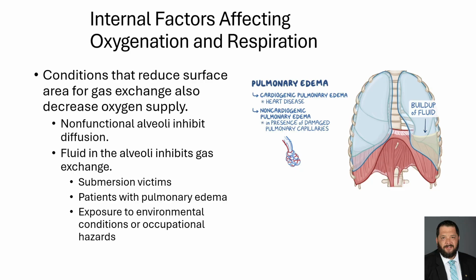There may be at least moderately adequate ventilation, and there may be an adequate amount of oxygen in the inhaled air. But there's a mechanical disruption here that prevents that external respiration from occurring. This is common in, as mentioned, pulmonary edema, or even submersion victims, or victims who have had an exposure to environmental conditions or occupational hazards where they've inhaled a toxic substance that has damaged the alveolar tissue.